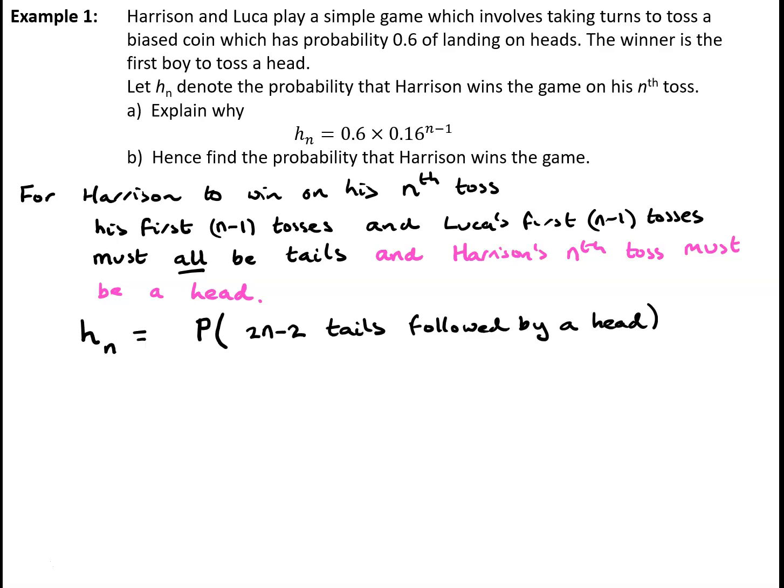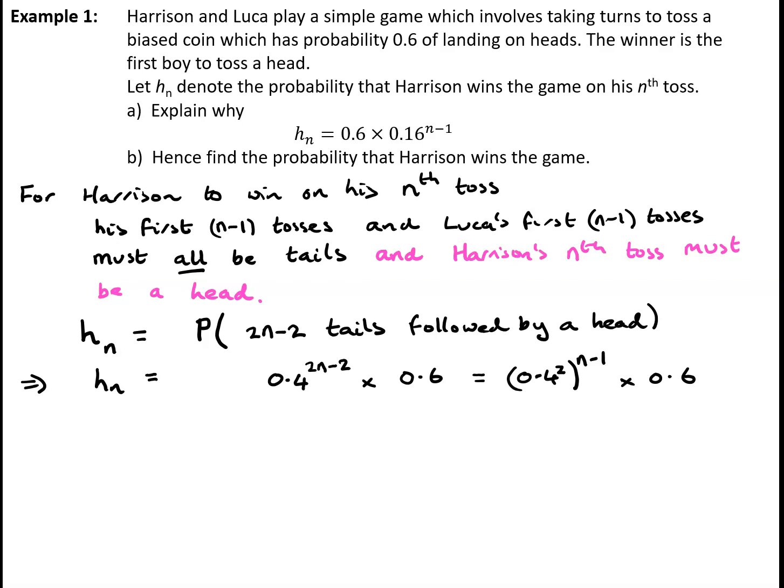So Hn is the probability that we get 2n minus 2 tails followed by a head from this coin. The probability of 2n minus 2 tails is going to be 0.4 to the power 2n minus 2, and this must be multiplied by 0.6, which is the probability of Harrison obtaining his head.